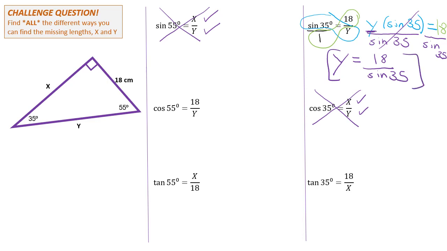So I type into my scientific calculator simply 18 divided by the sine of 35, and that is going to give me y equals 31. I'm going to round it to 3 decimal places: 31.382.